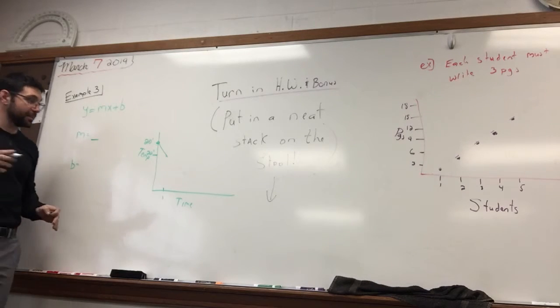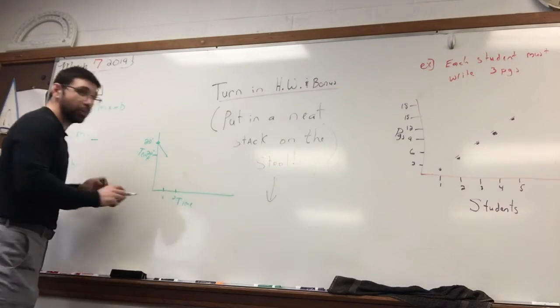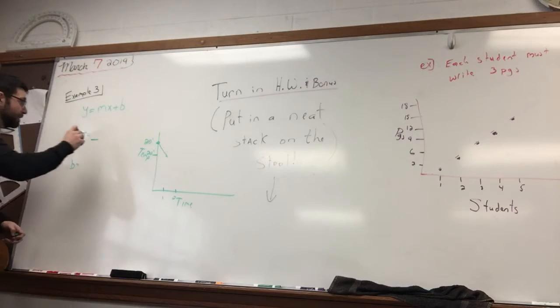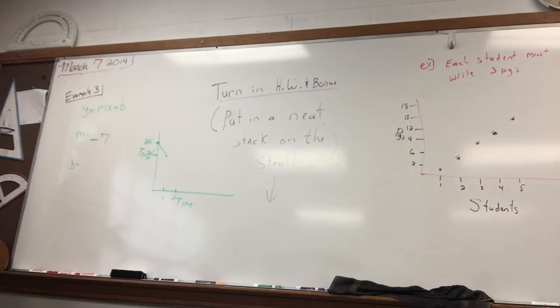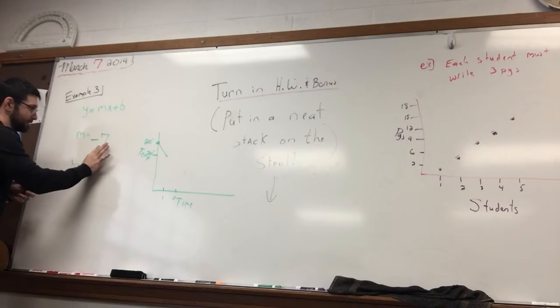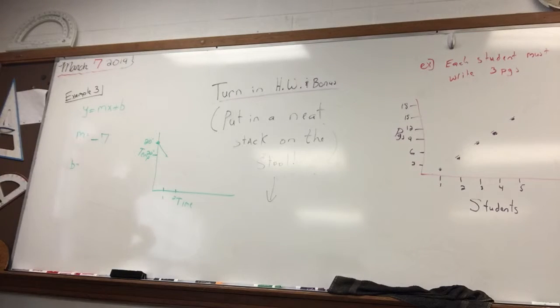It's going to stay constant. So after 2 minutes, it drops another, what? 7 degrees. So my constant isn't 7, it's negative 7. Could I put it as negative 7 over 1? Sure, because our slope's supposed to be a fraction, but we're not really graphing this because we're just in functions.